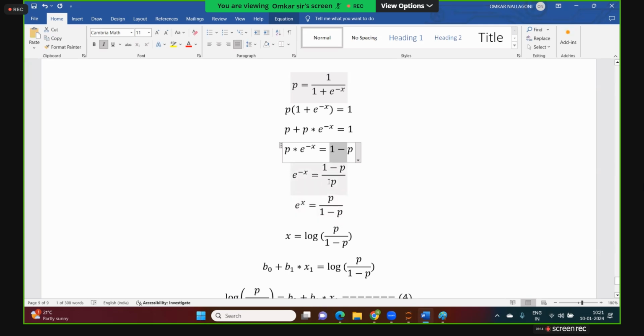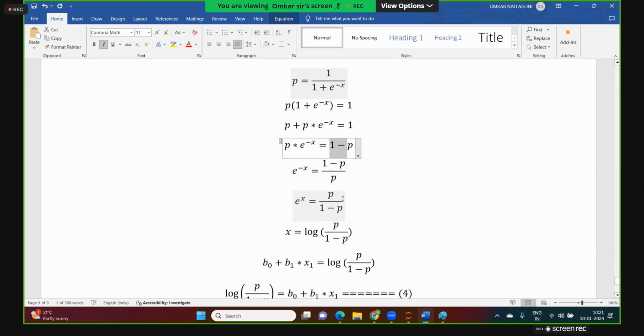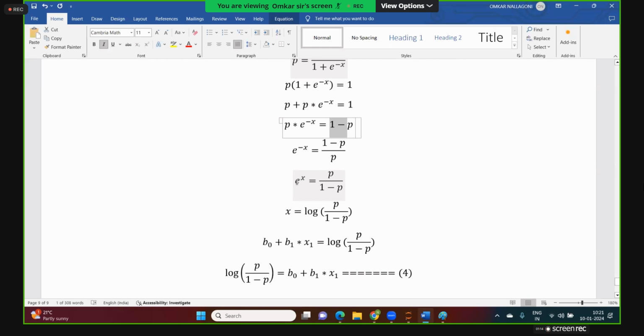If you want, you can modify it again like this. Convert e power minus x into 1 by e power x. Then cross multiply, and automatically the numerator becomes the denominator and the denominator becomes the numerator. Then e goes to the other side and it becomes log.